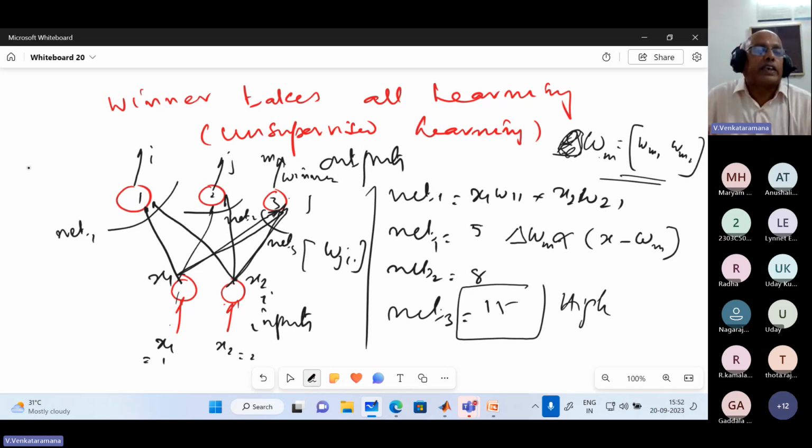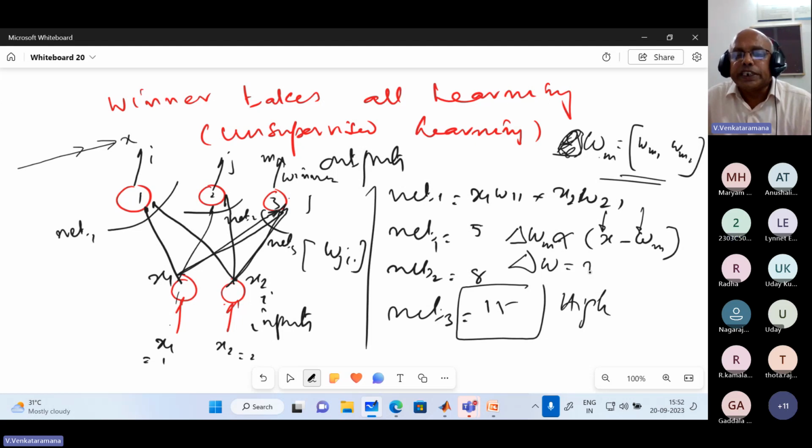If this is the input x, graphically, Wm should also be in phase approximately. Then classification becomes easy. Therefore, the change in the weight for unsupervised learning, that is winner takes all or competitive learning, is proportional to x minus Wm. X is the input, Wm is the winner weights. Therefore, your change in the weight is equal to eta times (x minus Wm). Simple.